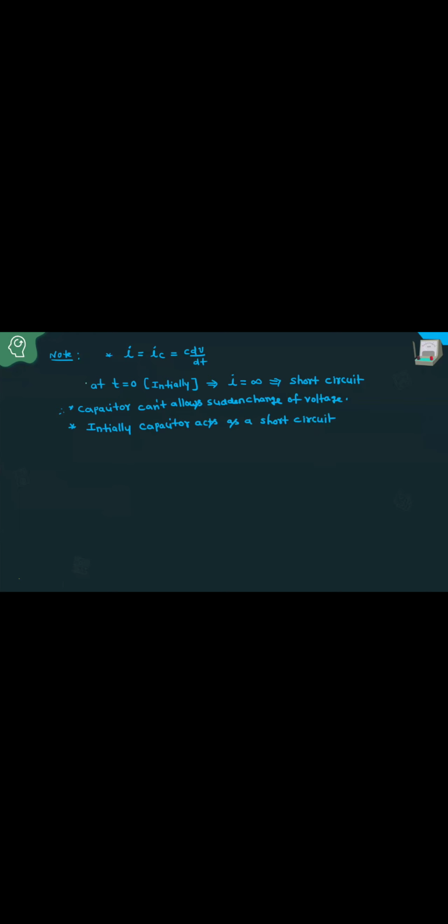This is one observation. Next, one more note that you have to concentrate on. For the voltage across the capacitor, 1 by C integral I dt, if you substitute t equal to 0, then V is 0. Or you take t equal to infinity, with the same formula.